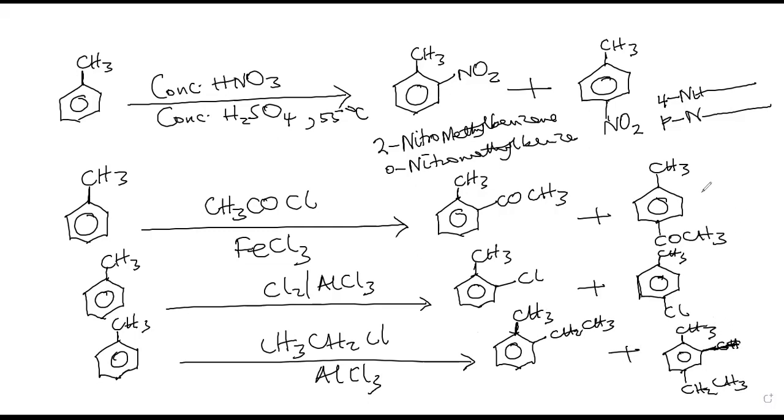So all these are different reactions in addition to the sulfonation, but you find out that we form the ortho product and the para product. We form a 2-substituted and a 4-substituted product. So all the reactions above imply that the methyl group is ortho-para directing, or a 2,4 directing group.